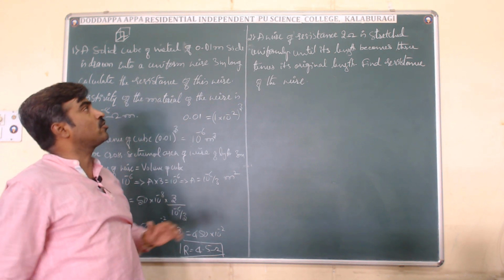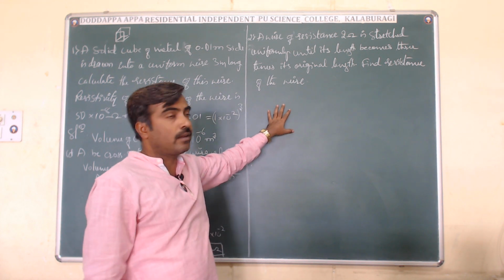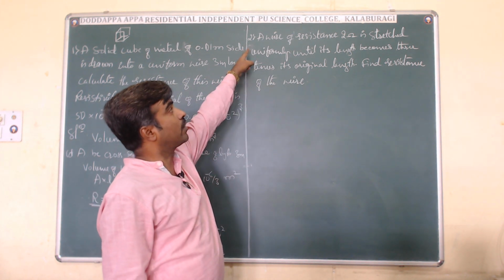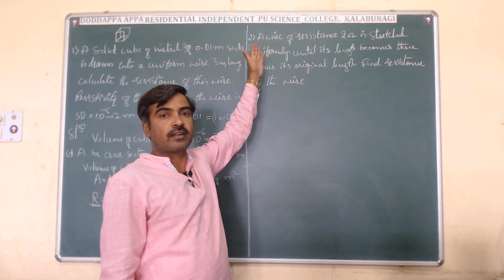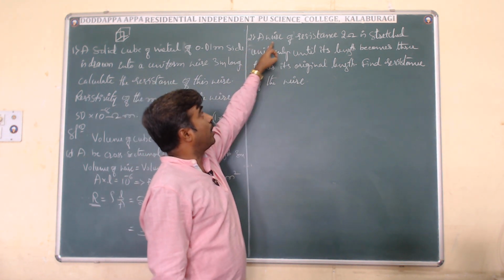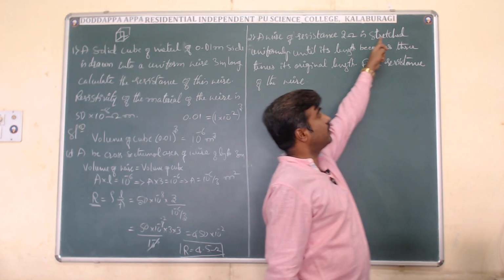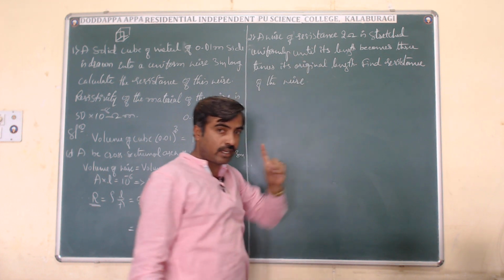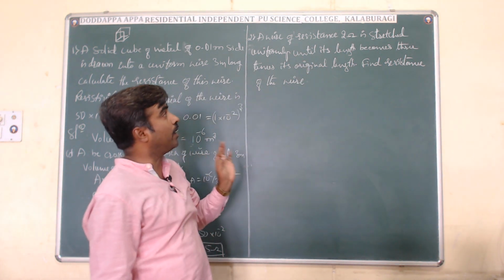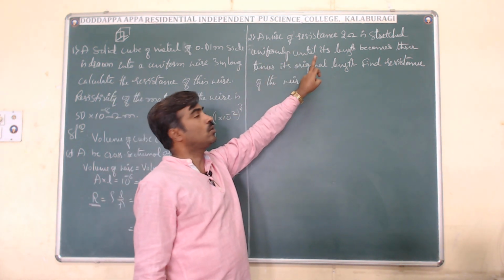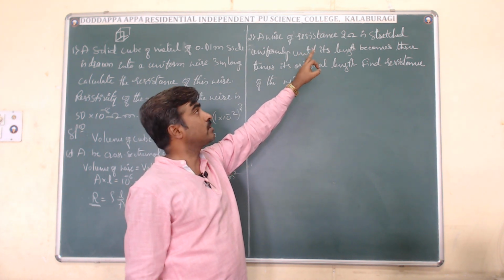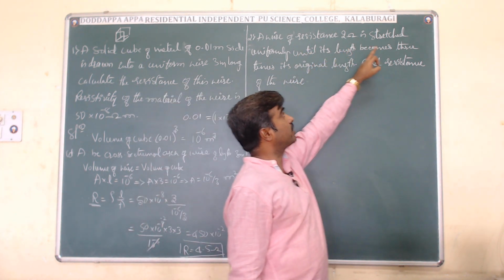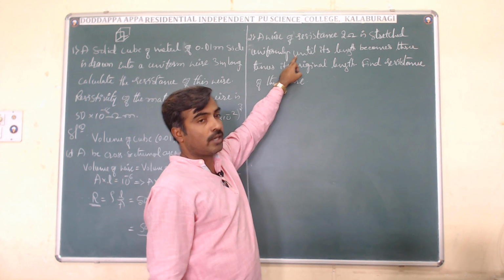Now come to the next numerical. So here in this next numerical, once again I will read out, hope you can read the question here. A wire of resistance 2 ohms is stretched uniformly.